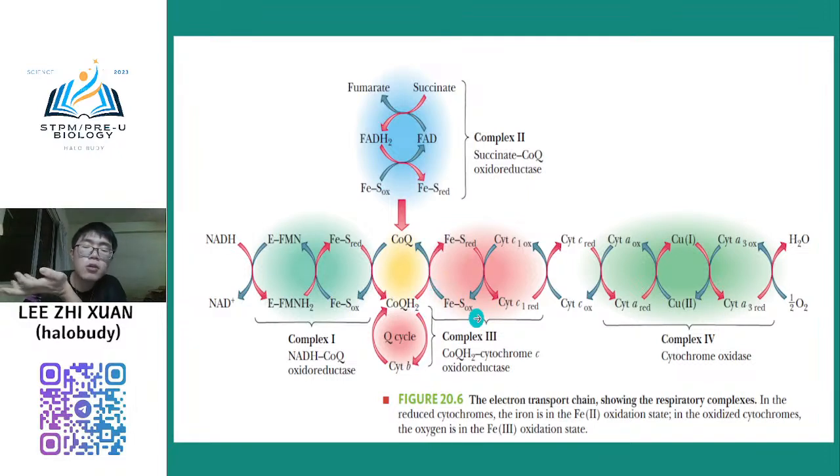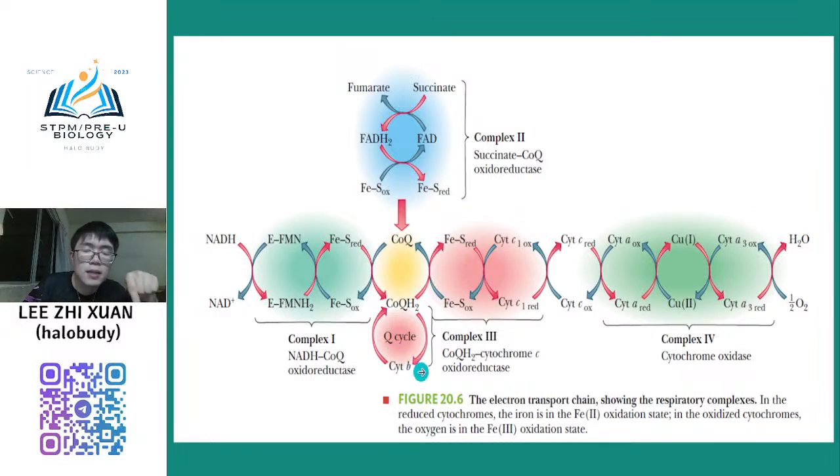Because in complex 3 dia hanya boleh accept 1 electron only. Dan 1 electron nak pergi mana? Bagaimana? So when the reduced form of coenzyme Q wants to release electrons, 1 electron will go to complex 3. Another electron will go to cytochrome B. Okay.